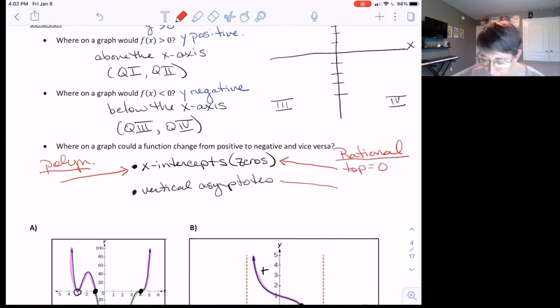Or it could change signs on either side of a vertical asymptote, and those are found where the bottom of our fraction equals 0. So depending on which function we have, we may look only at zeros or both the zeros and the vertical asymptotes.